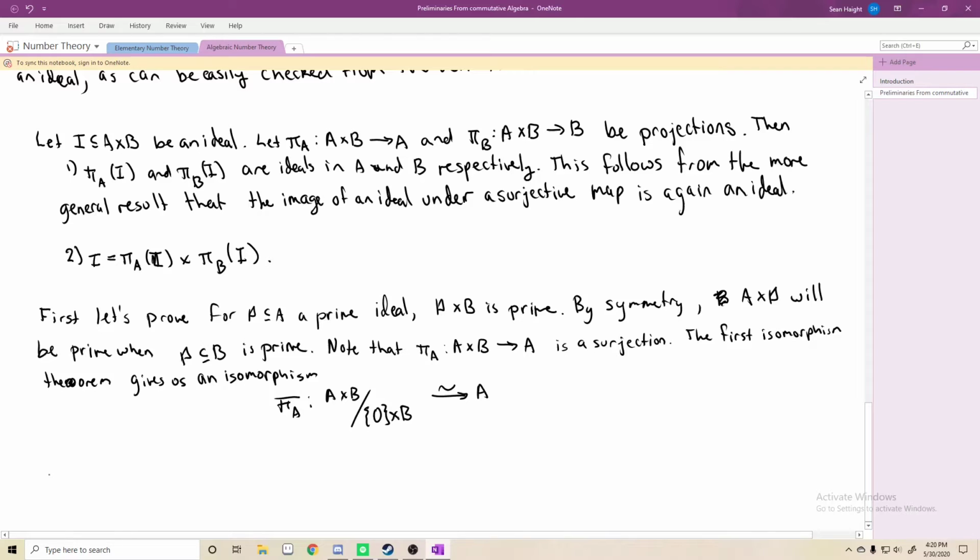We have, since P is prime in A, pi sub a bar inverse of P, under this isomorphism, if I trace it back here, A cross B mod 0 cross B is prime.